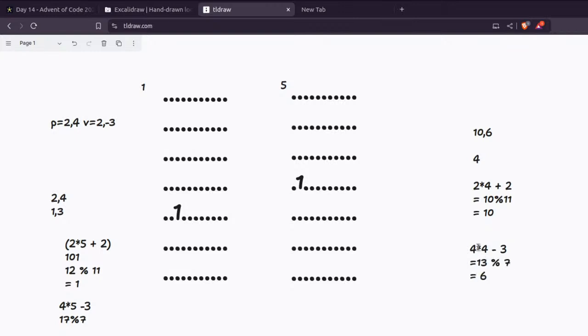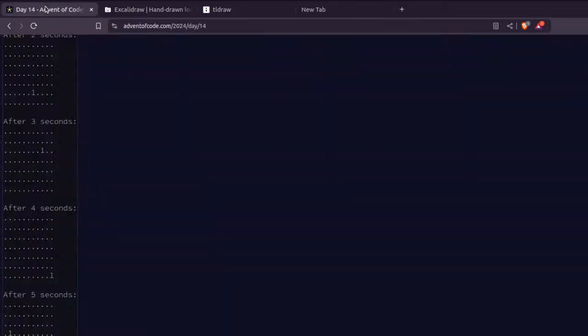Okay, so we need to add the x coordinate and subtract the component of that velocity. I'm not sure if that is true, but let's try it out. If that comes out correct within the bounds, and here we have the bounds as 101 and 103, so I'll remember that.